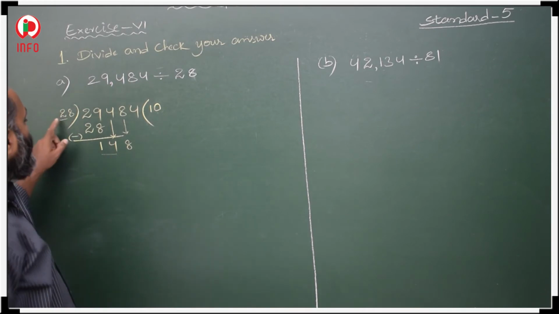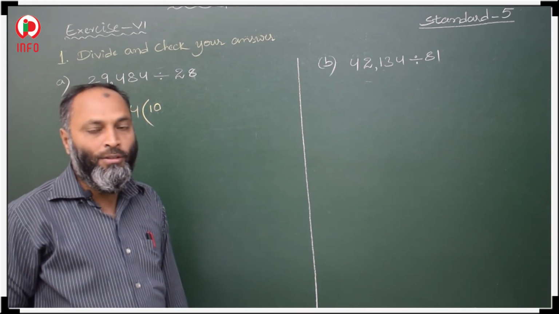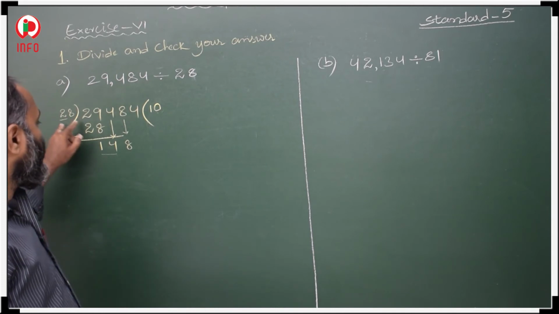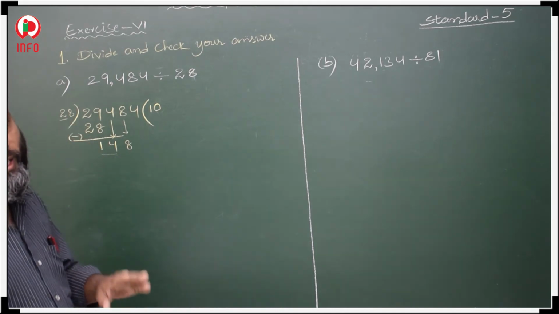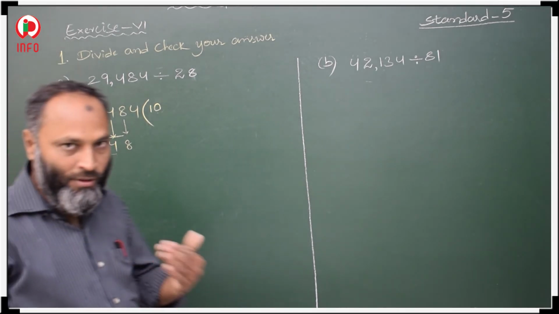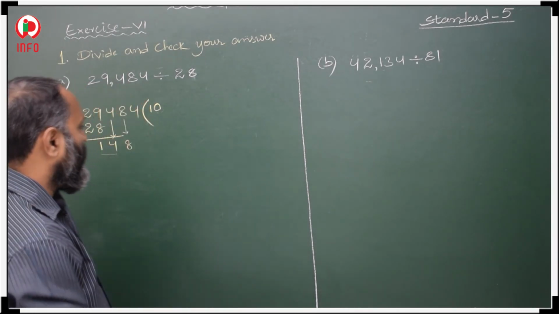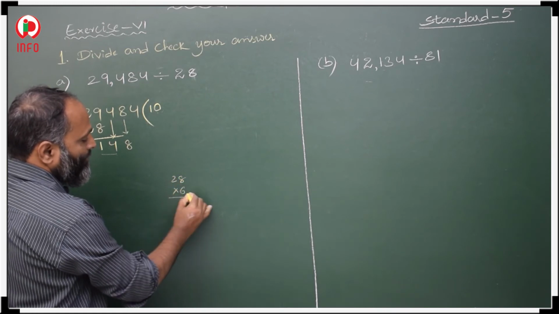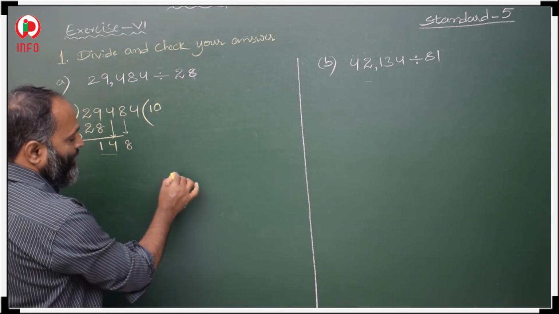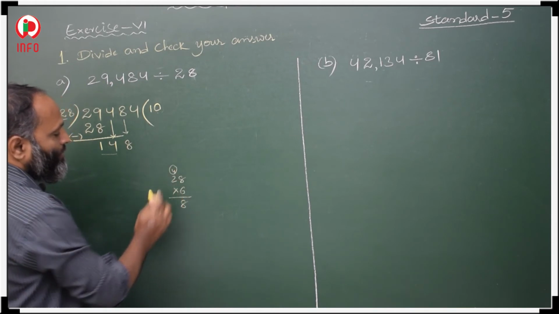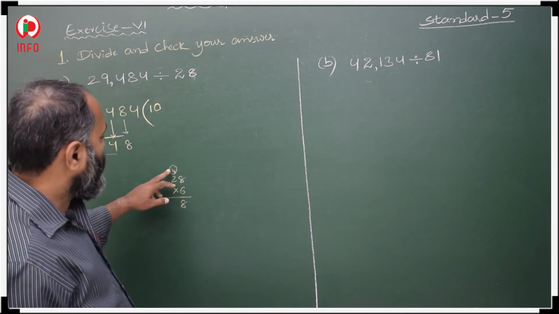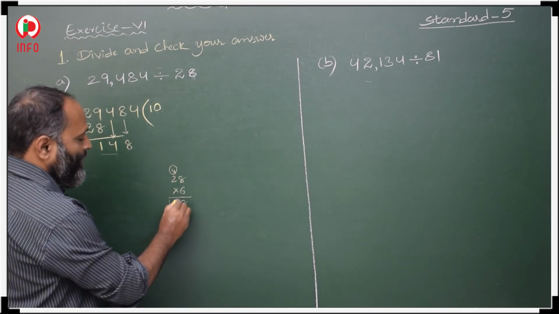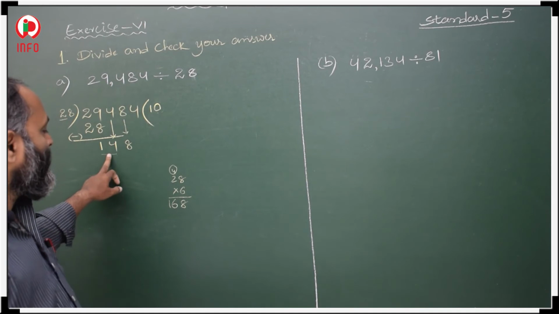In the 2 table, 2 sevens are 14. It means 28 sevens. Don't take 28 sevens; you have to take one less. 28 sixes: 6 8s are 48, 4. 6 2s are 12, 12 plus 4 is 16. 168. It is also greater than this 148.